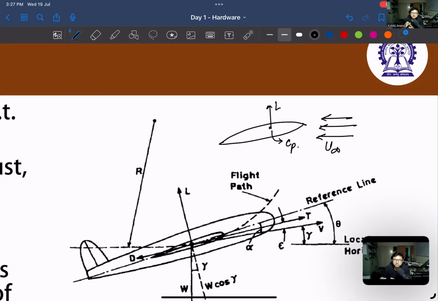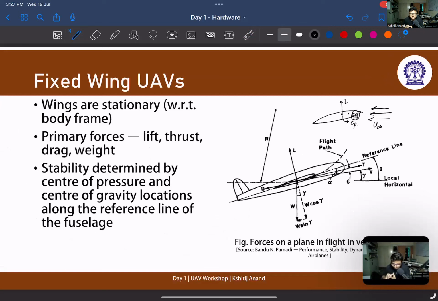If you want to go into much more depth about this, you need to study stabilities. Stability is basically determined by the relative locations of center of pressure and center of gravity. These are more or less along the fuselage reference lines. And we try that the CG should be kept basically aft of the center of pressure, so that there is at least positive static stability.